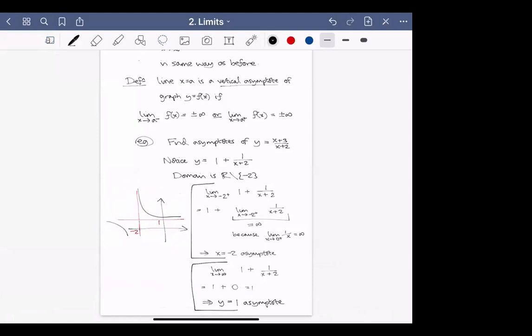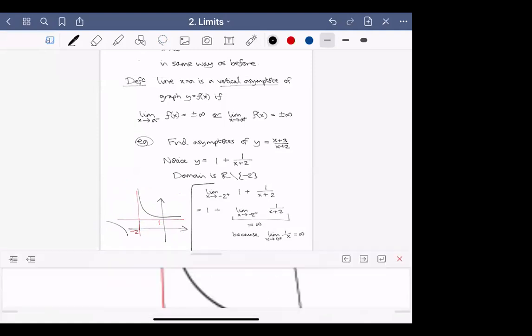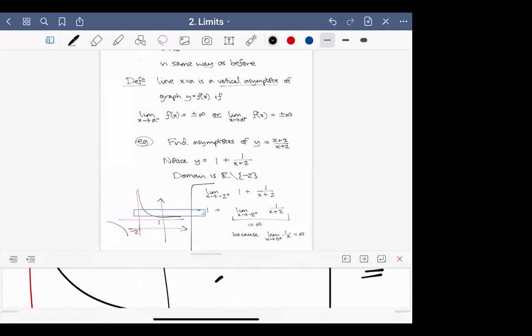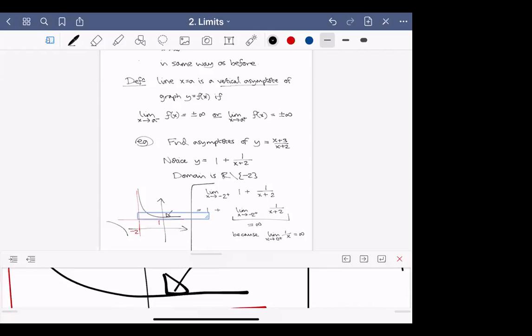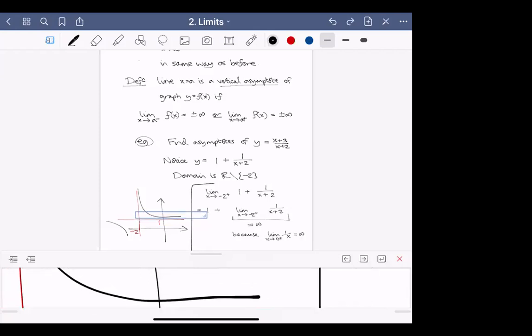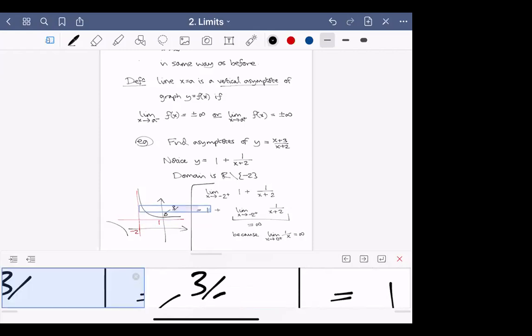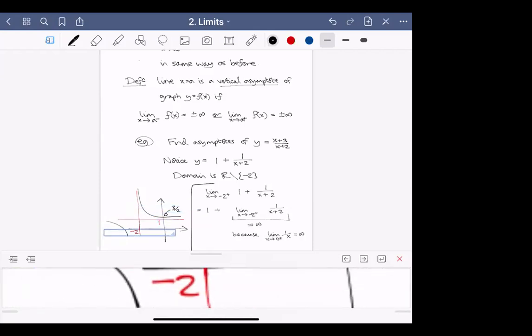So check. The y-intercept, we just calculate that by putting x equals 0. So the y-intercept is 3 over 2.